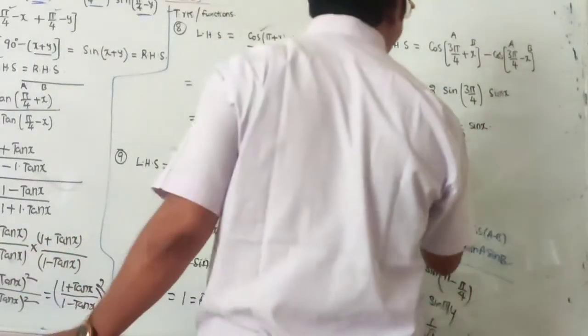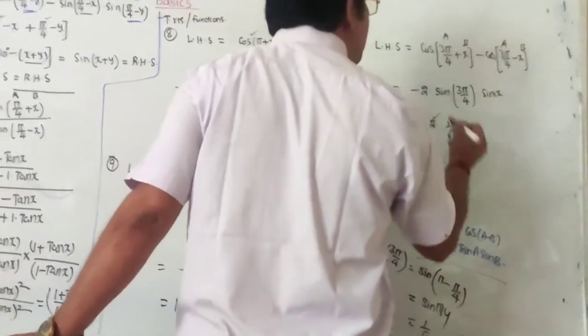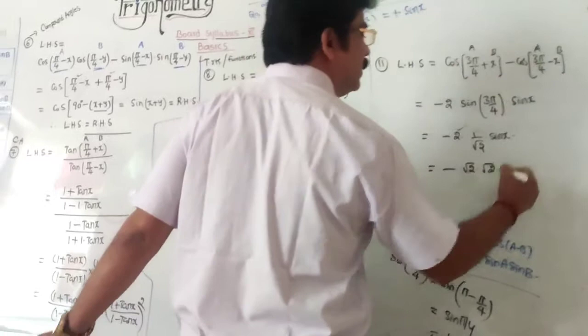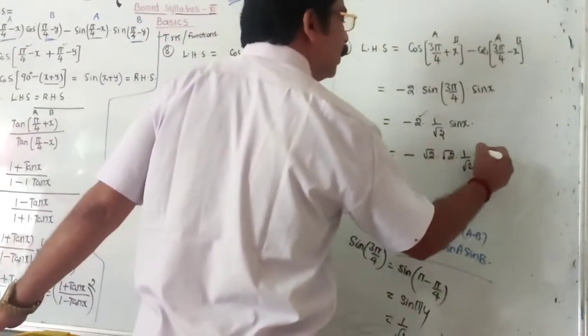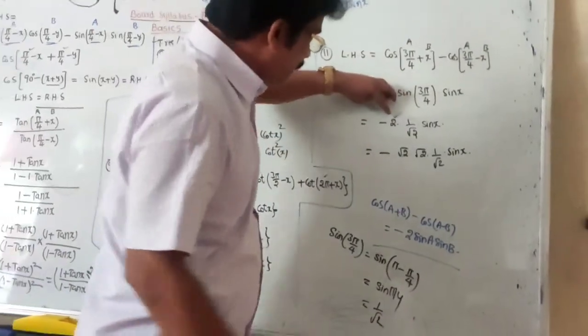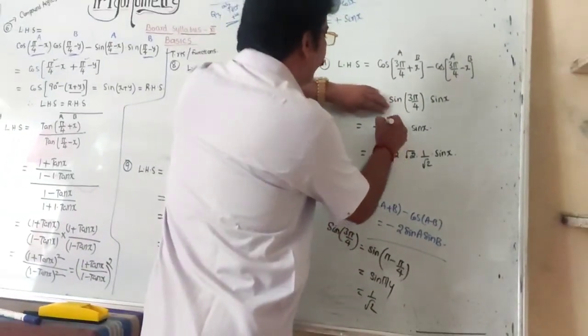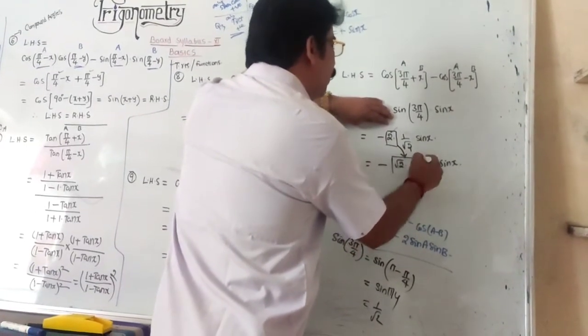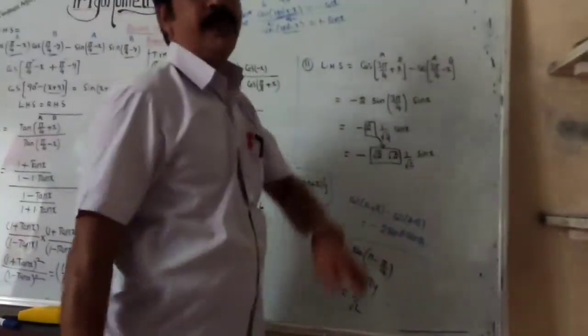So that is equal to minus, this 2 can be written as root 2 into root 2, times 1 by root 2 sin x. Observe, this 2 is equal to root 2 into root 2.